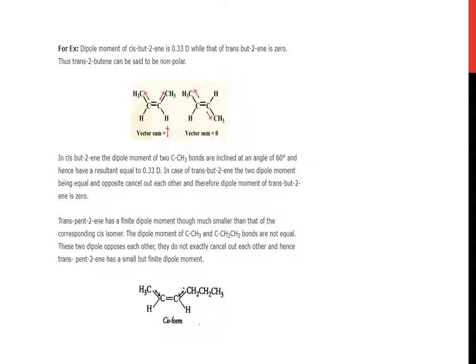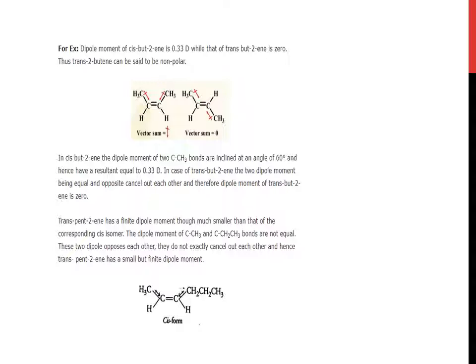For example, the dipole moment of cis but-2-ene is 0.33 D, D for Debye, while that of trans but-2-ene is 0. Thus, trans 2-butene can be said to be non-polar.